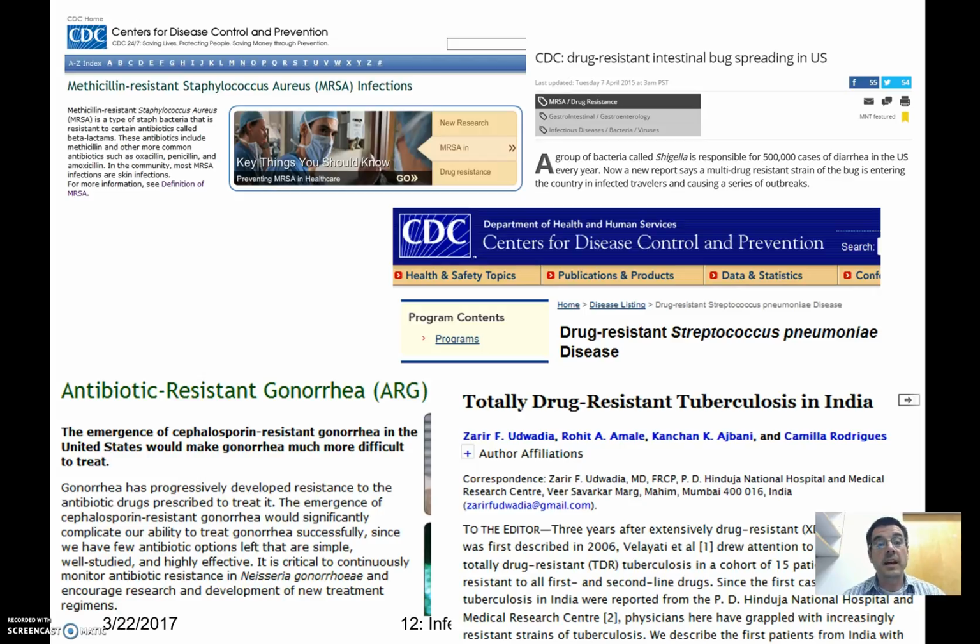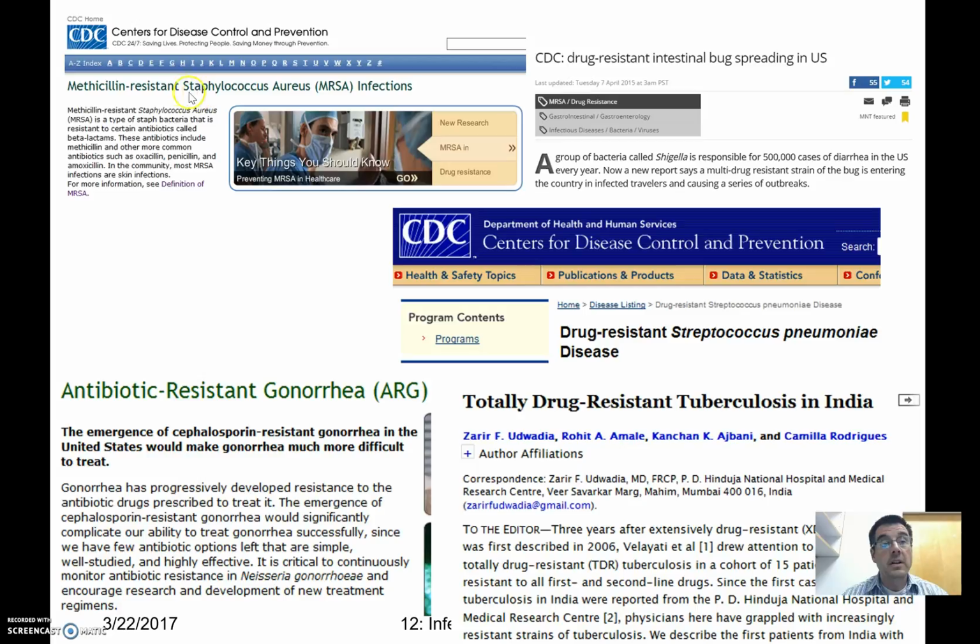So individuals that have totally drug-resistant tuberculosis, as demonstrated at the bottom right-hand corner, there isn't a lot of treatments that are available or avenues to pursue when it comes to individuals that have this particular bacterial strain.